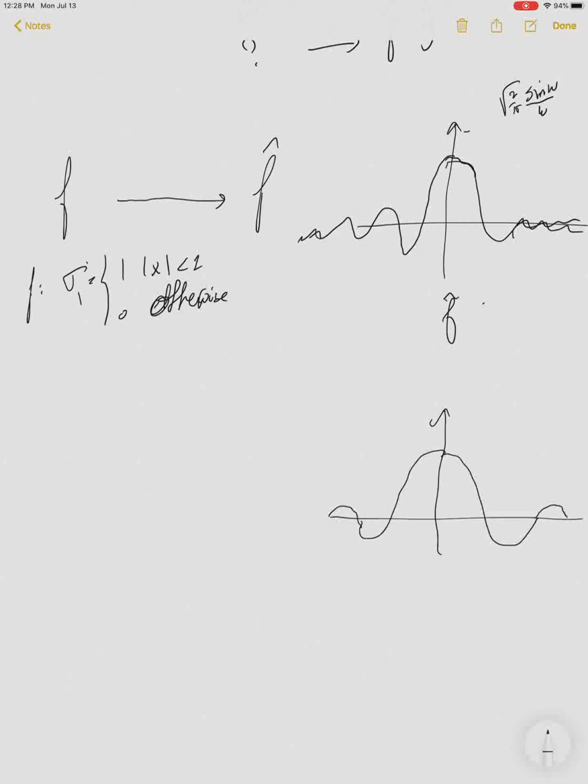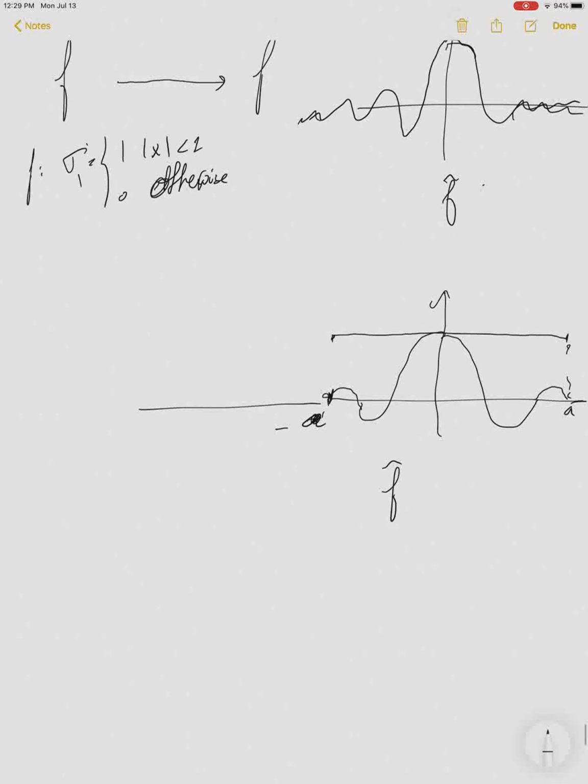So this will be f hat times the function that is 1 on this interval, the interval minus a to a, and 0 elsewhere. So I want only f hat times sigma a. And then I will receive only this part of the signal without all these high frequency oscillations.